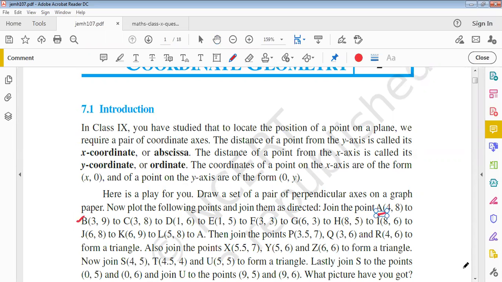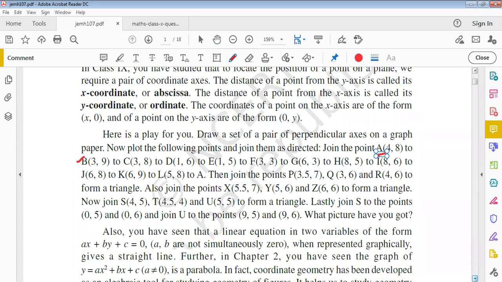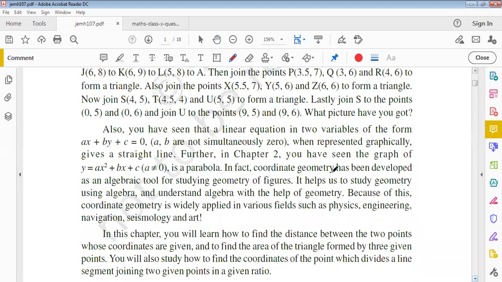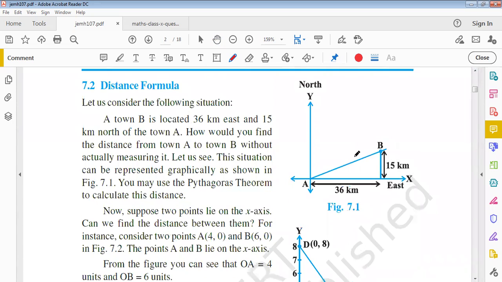Here A (4, 8), B (3, 9), C (3, 8), D (1, 6), and so on. Using these points, we can mark them in the coordinate system and then find the distance between them. When plotting, different types of shapes can also be formed. Now here is a given example.